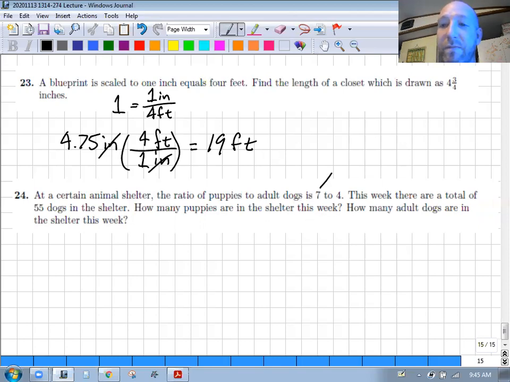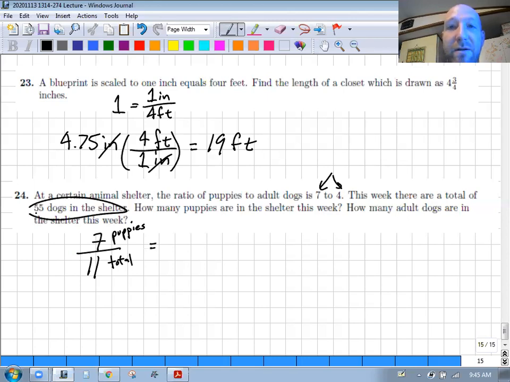All right, well, 7 puppies, right? The ratio of puppies to the total population, 7 plus 4 is 11. So this is 7 puppies per 11 total, okay? Puppies and adults. All right, because they say there are that many dogs.